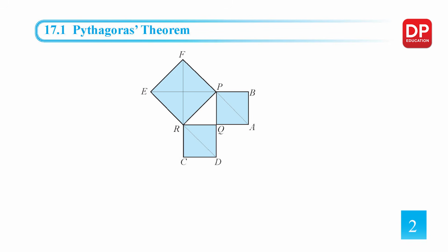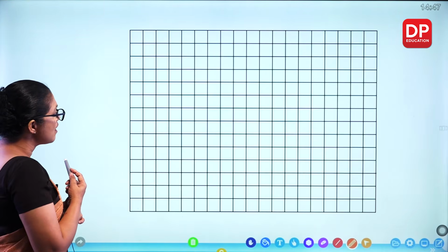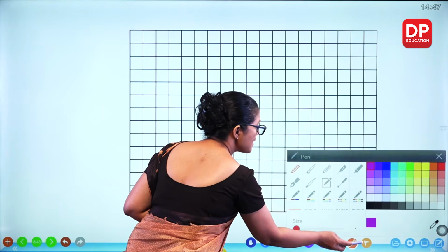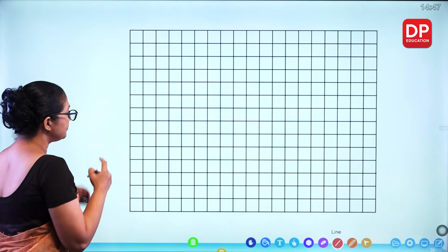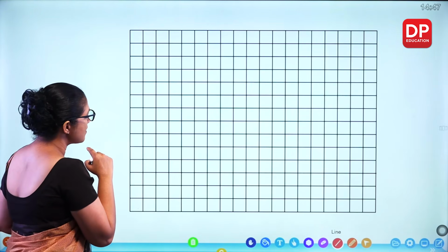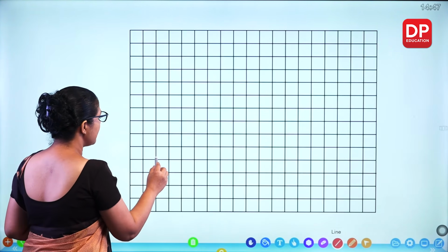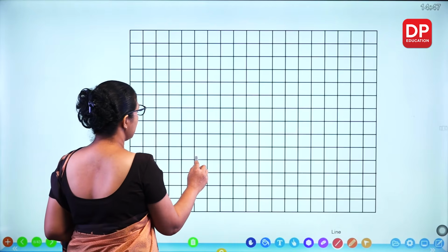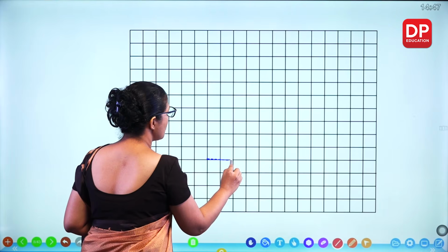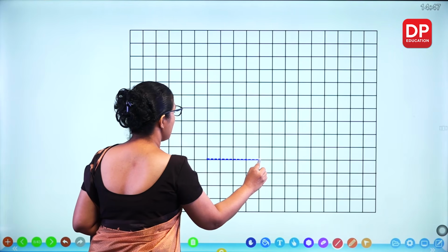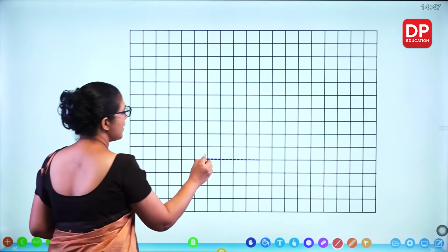Now we'll try to see what Pythagoras theorem is. For that I'm doing a small activity. We'll take a triangle with side lengths 3 and 4. 1, 2, 3, 4, and 3.